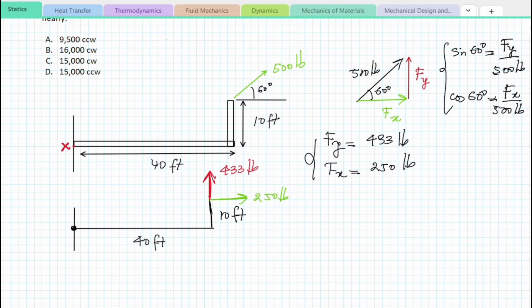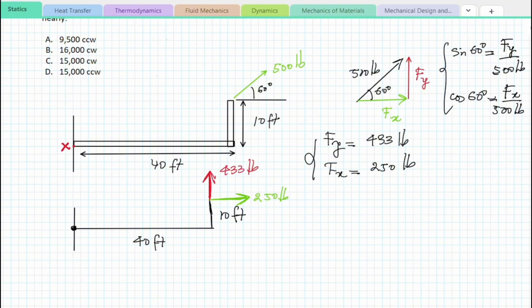The next step will be to apply the definition of moment to see what force to multiply with what distance. If you recall, the moment of a force about a point is the magnitude of the force times the perpendicular distance of the line of action of the force from the point. As we can see here, the perpendicular distance to the 250-pound force is 10 feet.